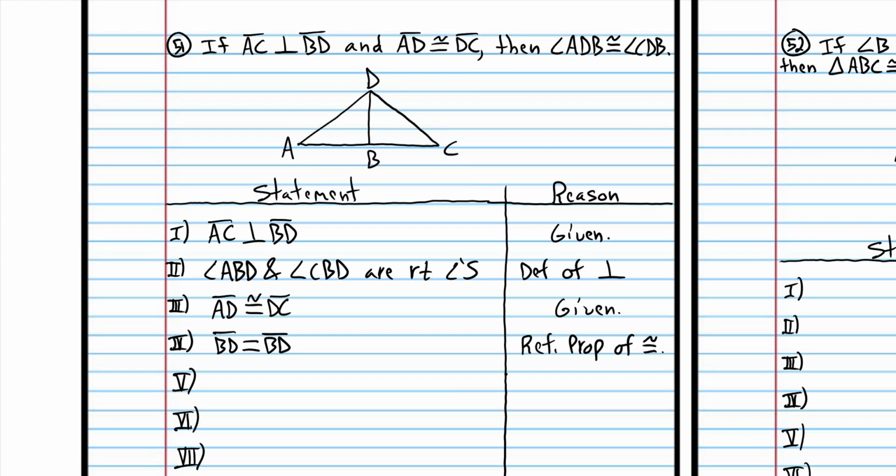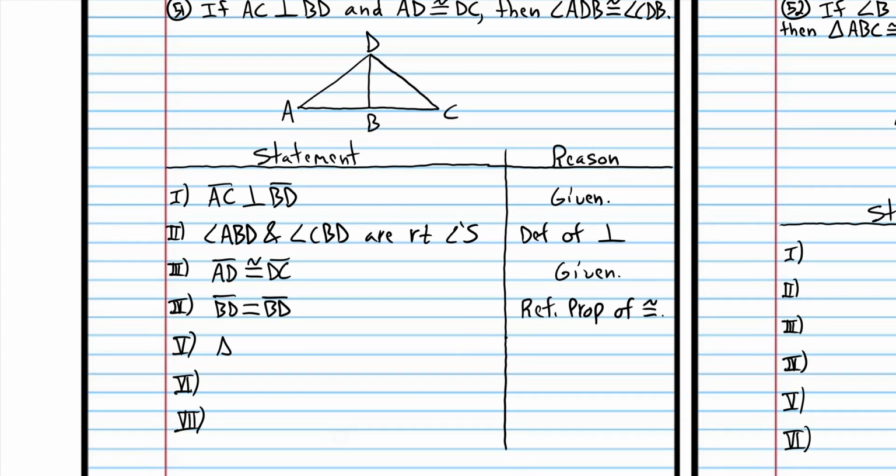And we also know that there's one leg that's congruent because this side is common to both triangles, and that would be a leg of those two right triangles. So we have enough information to use the HL congruence theorem. So we can say that triangle ABD is congruent to triangle CBD by HL.